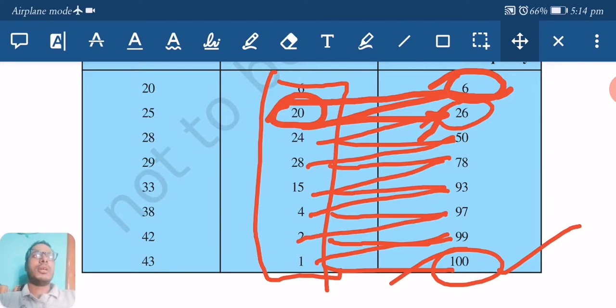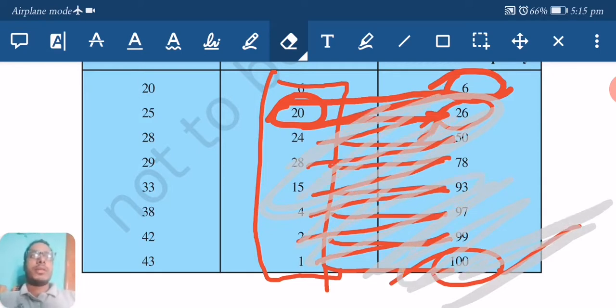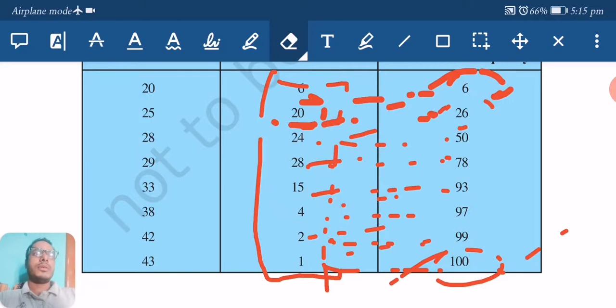51st observation. From the given table, let me erase that for you so that things are quite clear.